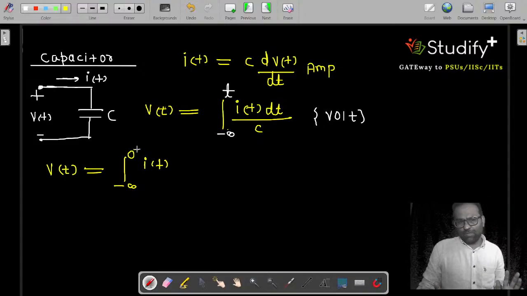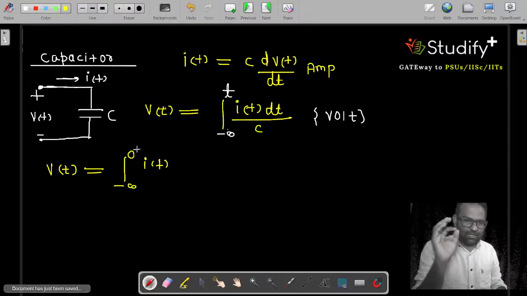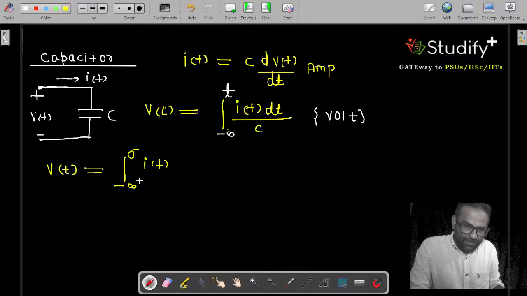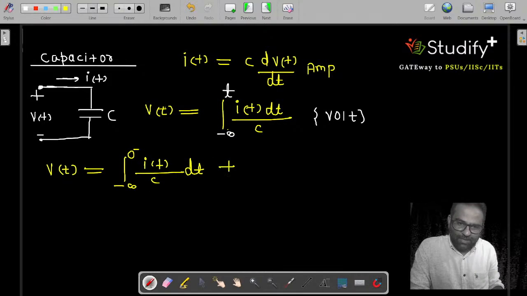I will define what 0 minus is. Every point has special meaning. IT dt divided by C.